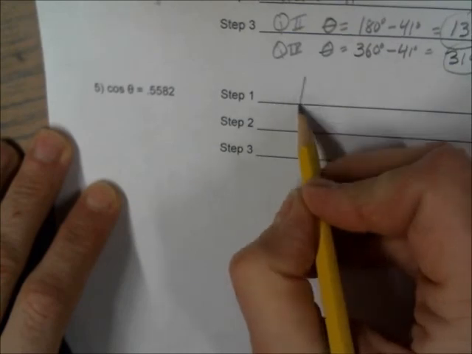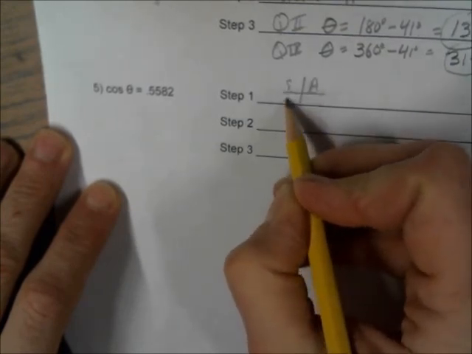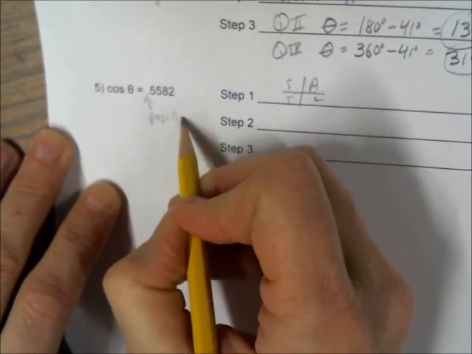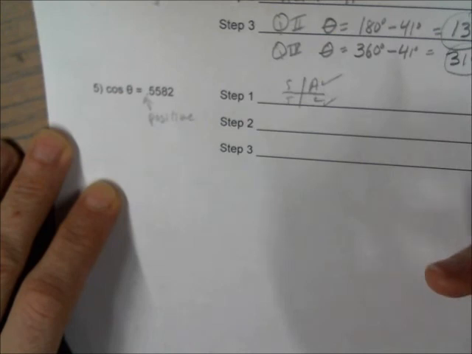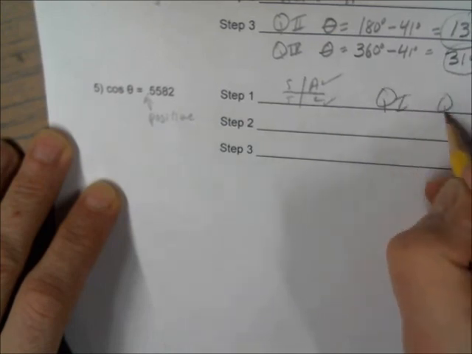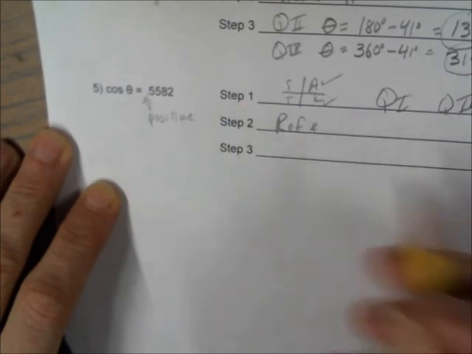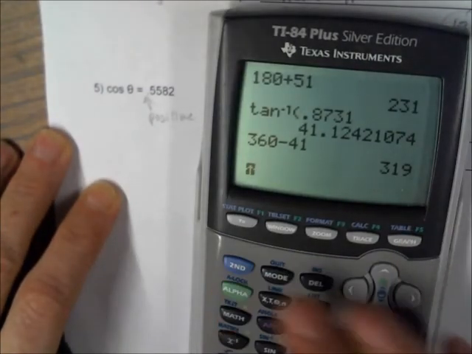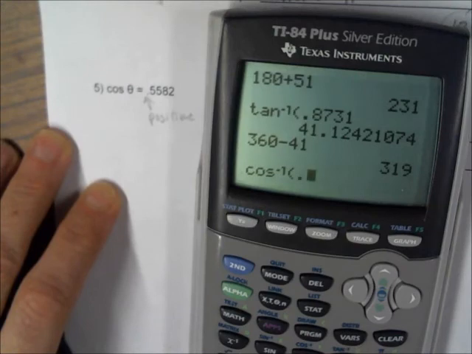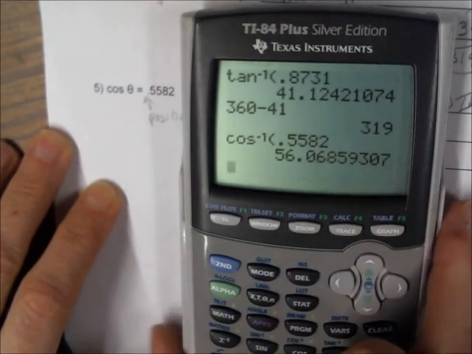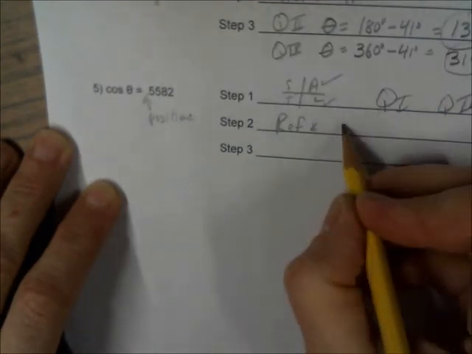All right. Step 1. All students take chemistry. Cosine is a positive number. And where is cosine positive? It's positive in quadrants 1 and 4. And now we get a reference angle out of our calculator. Second cosine of 0.5582. And the reference angle turns out to be 56 degrees.